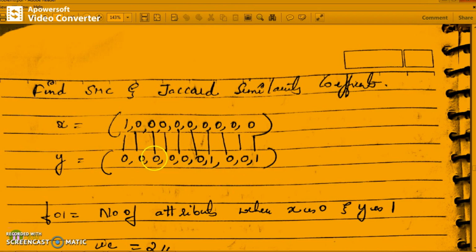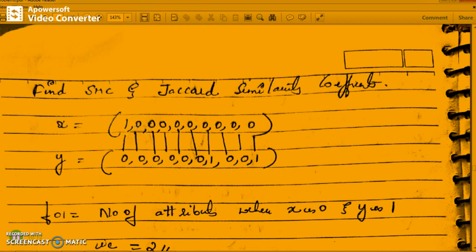So now, before calculating SMC and Jaccard, we have to see what is F00, F01, F10 and F11. You can see Fxy in general. So what is F00 here?